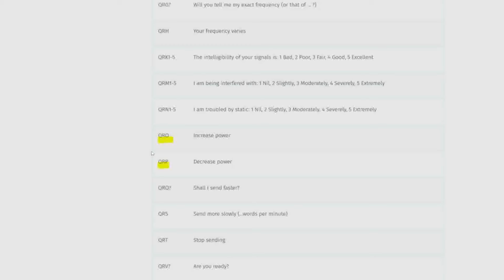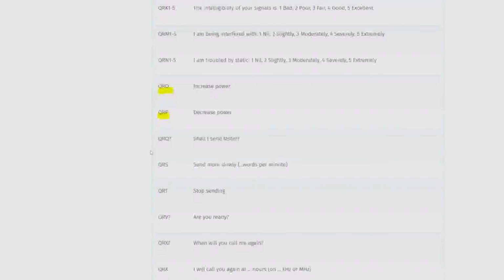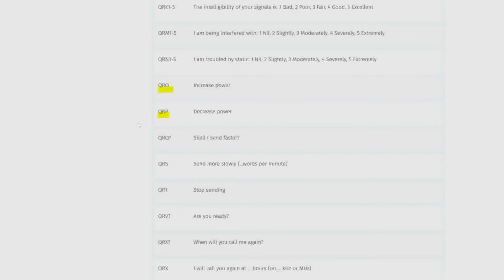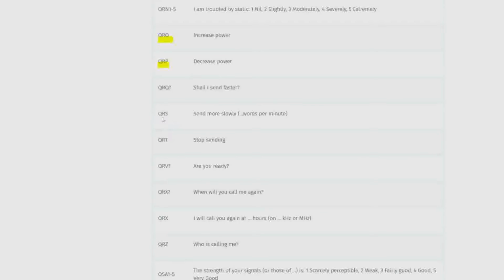He's probably trying to achieve something with modest equipment over a long distance, so he might announce that he's QRP. QRQ, rarely ever hear that. Shall I send faster? And that's normally a Morse code thing. QRS, send more slowly. So if you are doing telegraphy and the station is sending to you too fast, just send the transmission QRS.